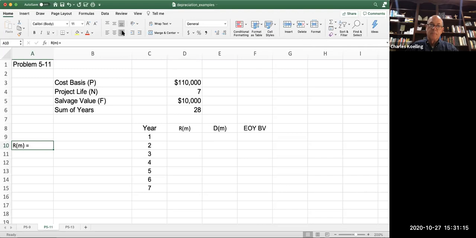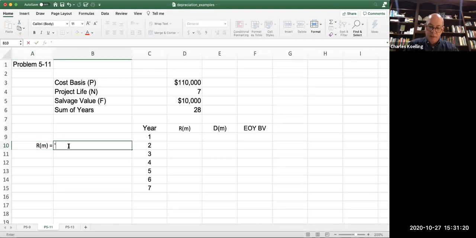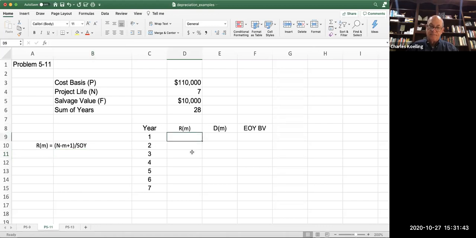It's equal to the recovery period minus M, which is the year that we're interested in, plus 1. So it's the number of years remaining that that term is, divided by the sum of the years. That's the formula that we can plug in here to find out what this is.